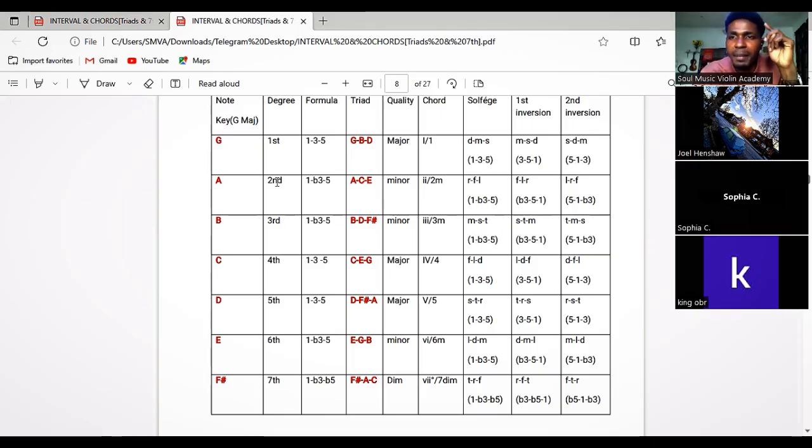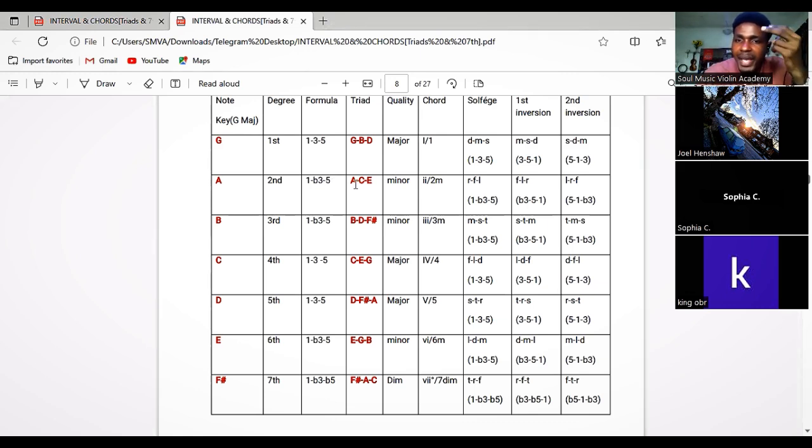Your two chord is a minor chord. So re fa la is a minor chord because you have the root, a minor third and a perfect fifth. This number is talking about the interval: one, minor third, and fifth.